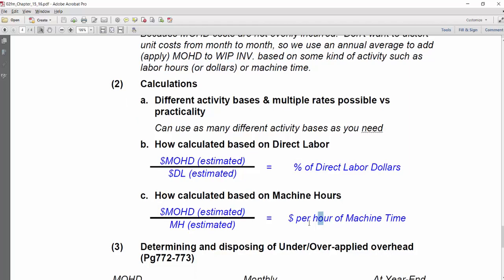But most of it will have probably already worked its way through our system to show up in cost of goods sold. If it's during the month or the year and we're not at the end of the period, then we can bury that under or over applied overhead inside of a unearned or prepaid account to just kind of tuck it away somewhere and not have it affect our income.